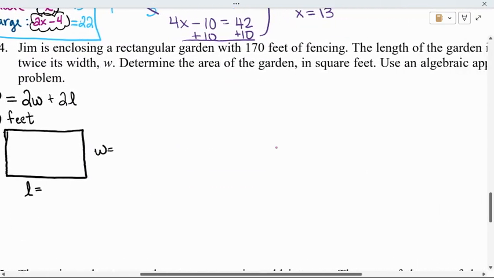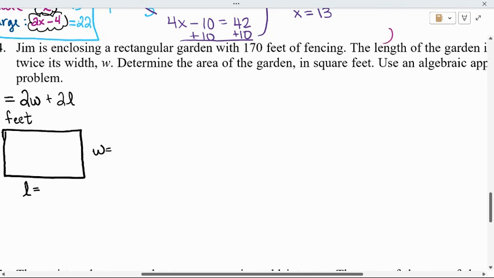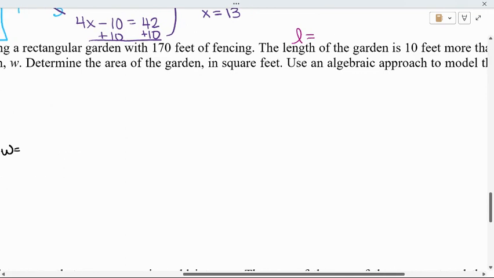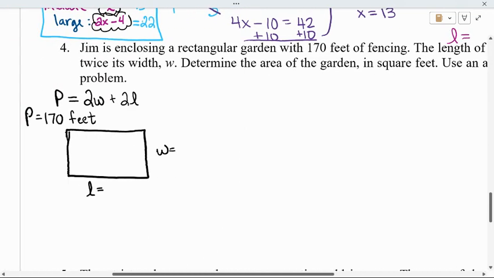So right here it says the length is, that means L equals 10 more than twice the width. So how do I show 10 more than twice the width? (2W plus 10). All right.